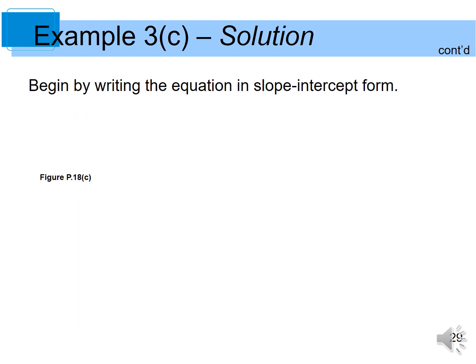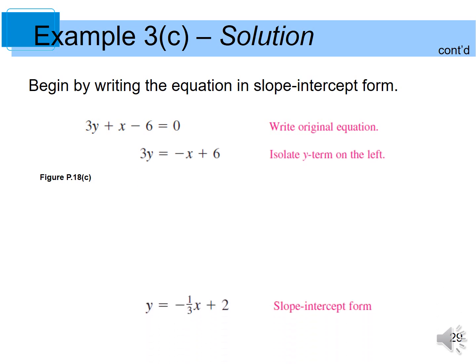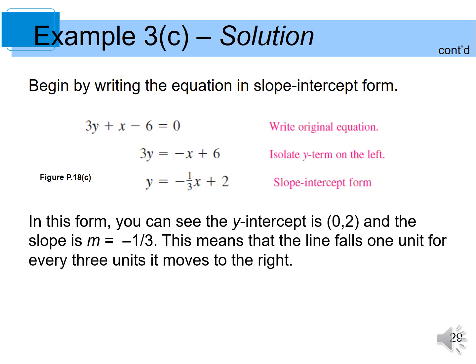For the last equation, you can rewrite the given equation into slope-intercept form. Once you have obtained slope-intercept form, you can identify the y-intercept (0, 2) because b is 2, and the slope m is negative 1 over 3.